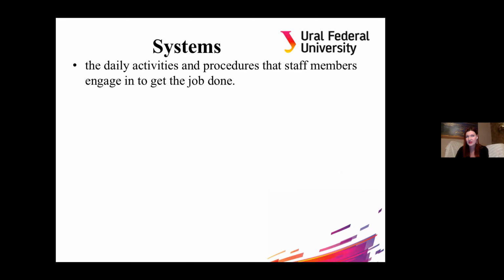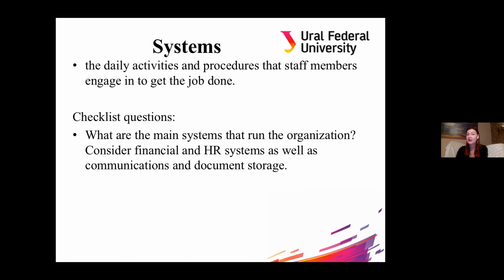Systems: the daily activities and procedures that staff members engage in to get the job done. And the checklist of questions. So what are the main systems that run the organization? It should be some central system that is inside, and you can find all information there. For example, 1C, which is really popular in Russia.